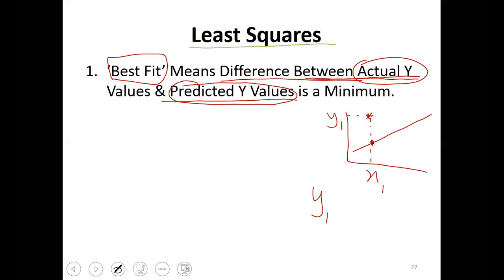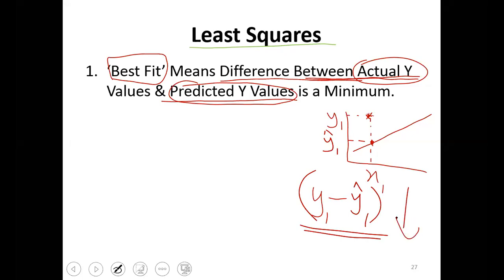Later we will give a name for this, y1 hat. Right? So this difference between y1 and y1 hat is the one we are going to measure. This difference has to be as minimum as possible.